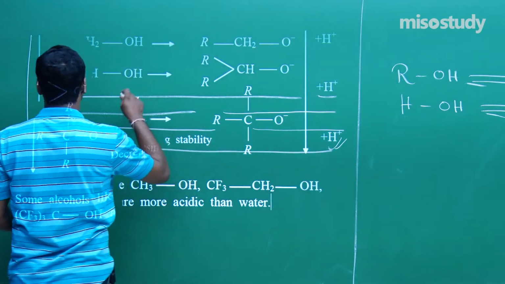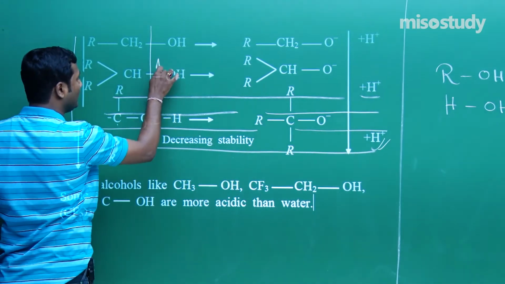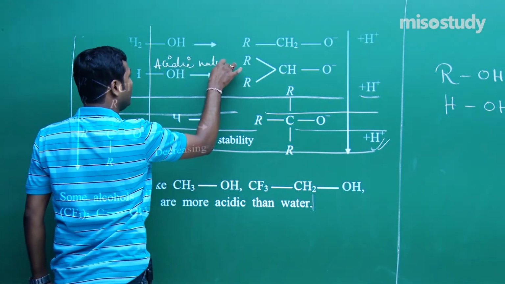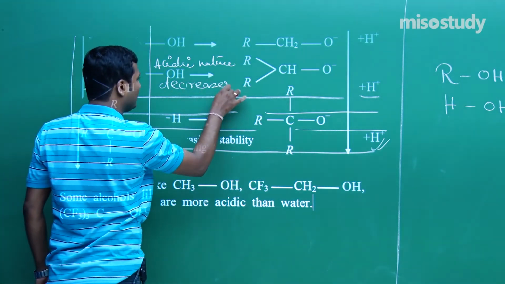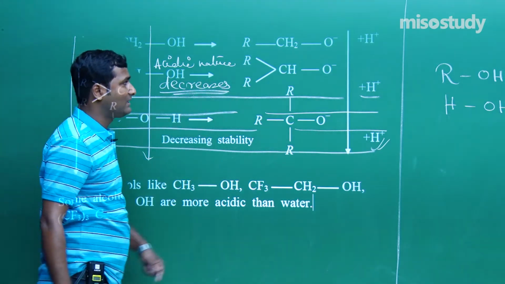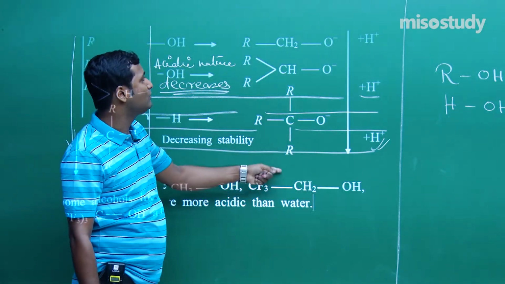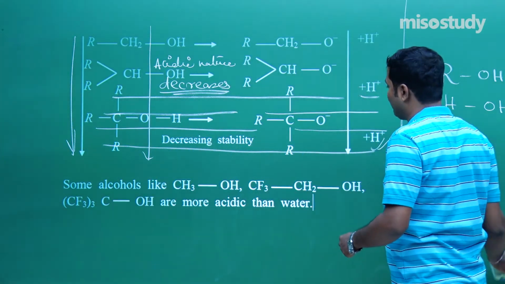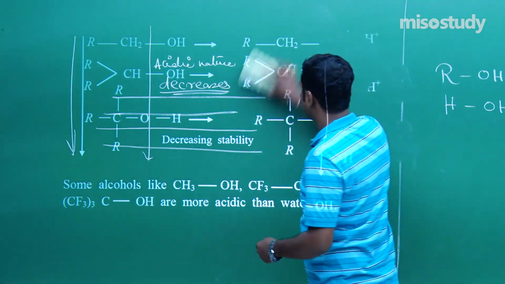So we can say, if I move down here, then acidic nature decreases. Clear to you what I'm telling? The acidic nature decreases and the stability of that anion also decreases. Clear? This is the question. Read out the question carefully.